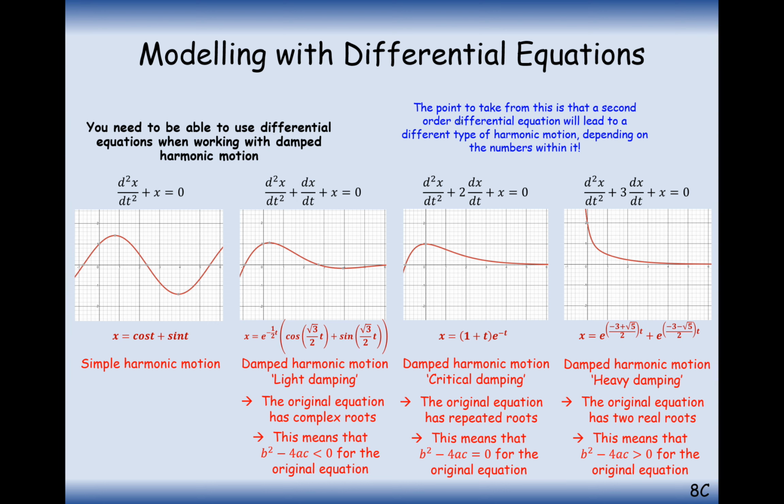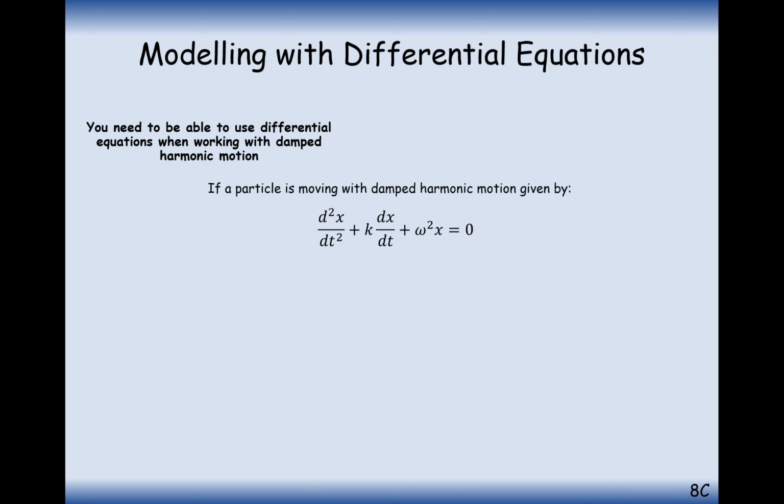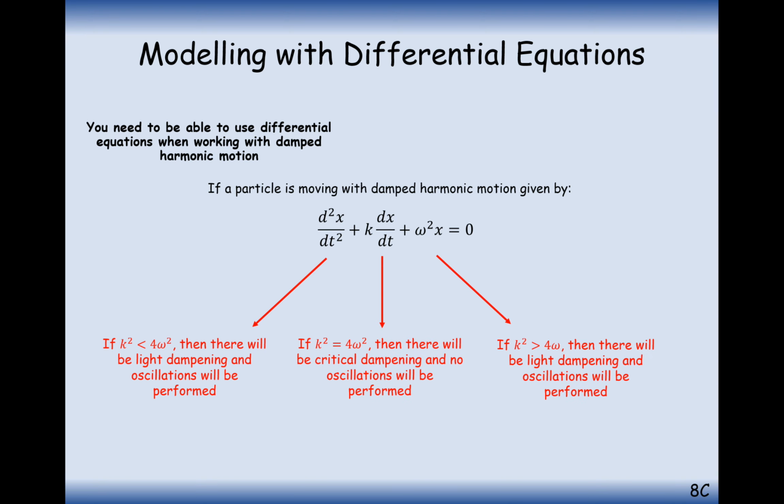So the point to take from this is that a second order differential equation will lead to a different type of harmonic motion depending upon the numbers within the equation. We always have a second derivative, plus k dx by dt, so it depends on what this value k is. If k squared is less than 4 omega squared, then we have light damping, with complex solutions.